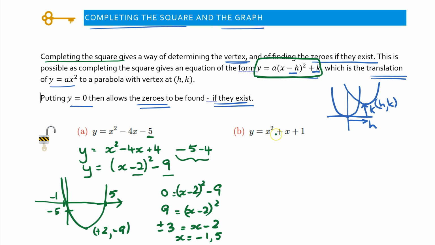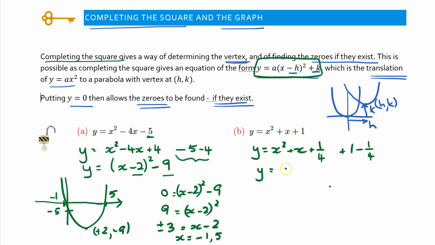Now with my next example here, y equals x squared plus x plus 1, again, x squared plus x, and I'll shift the 1 over to here. What do I need to complete the square? I need half of 1, and then I need to square that, which will give me a quarter, so I need to subtract a quarter from there so that I haven't changed the equation.